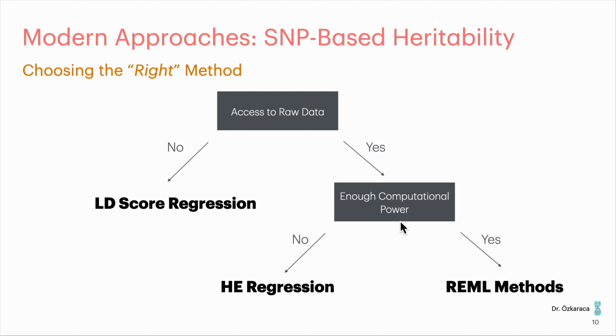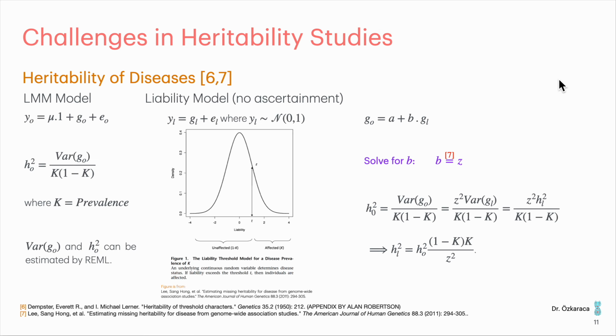And if you have access to raw data, but lack sufficient computational power, or you are working with a large data set, then you use HE regression-based methods, which are simpler and computationally efficient. Each method has its strengths and weaknesses, and the choice ultimately depends on the availability of data, computational resources, and your study design. In the next couple of slides, I will focus on the challenges in heritability studies.